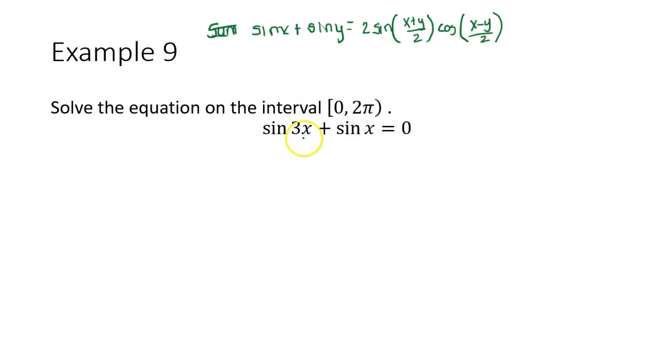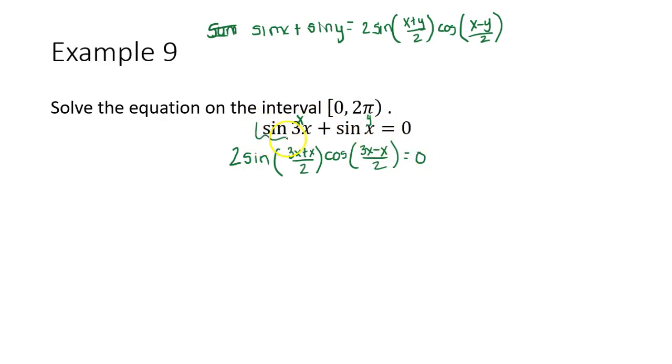So let's translate this down here into our problem. My angle 1 is going to be 3x. My angle 2 over here is going to be x. All right, that makes this become 2 times the sine of 3x plus x over 2 times the cosine of 3x minus x over 2, and then this is going to be equal to 0.